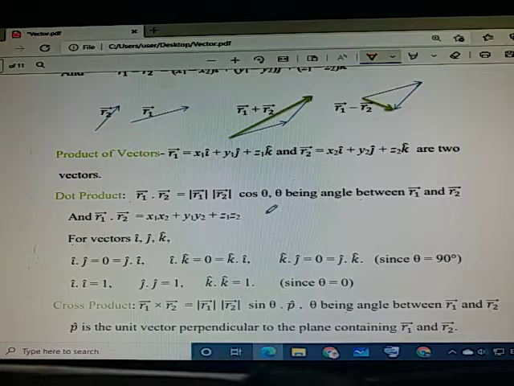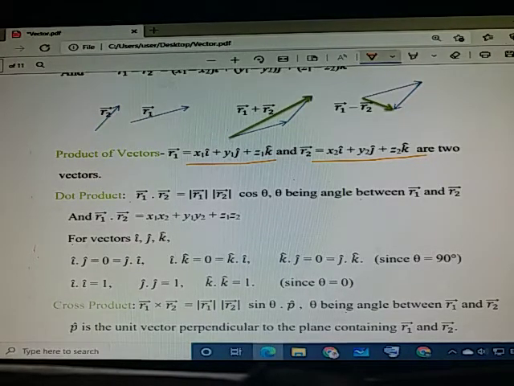Suppose this is x1 i and this is x2 i. When you multiply, i dot i is 1, so it becomes x1 into x2. Then i dot j is 0. So from this we are getting R1 dot R2 is equal to this one.